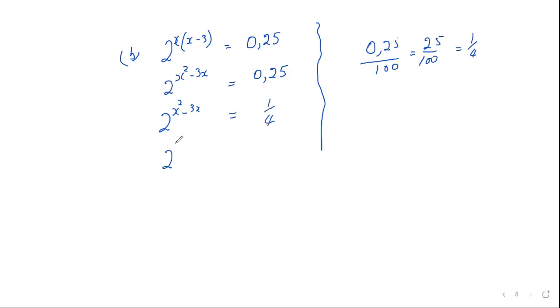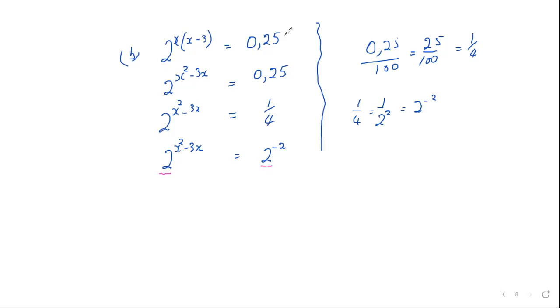So 2 exponent x squared minus 3x is equal to 2 to the power minus 2. 1/4 is 1/2 squared. Take it up. This is 2 to the power minus 2 times 1. Now, once more, the bases are the same.